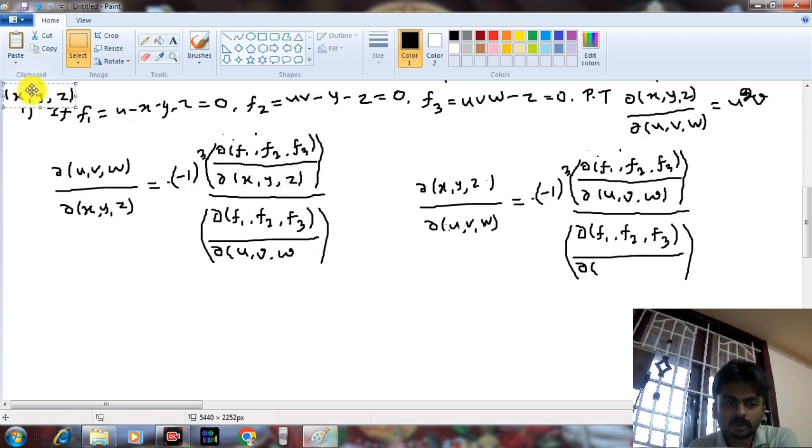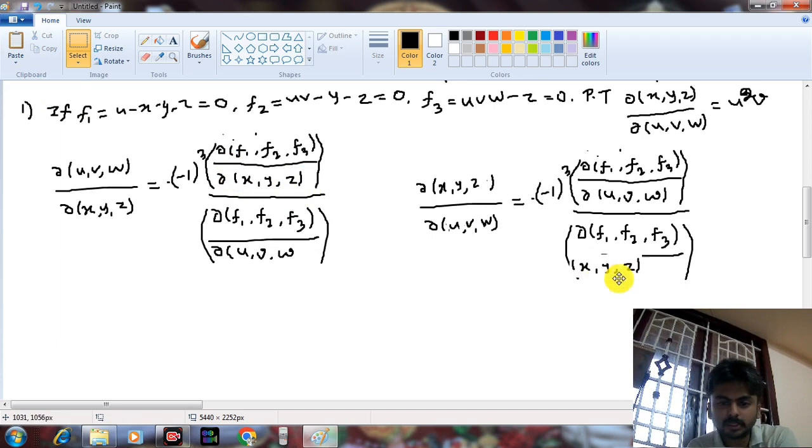So the formula is very simple. You have to understand the formula very clearly.